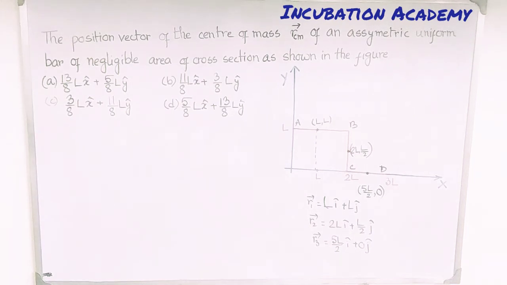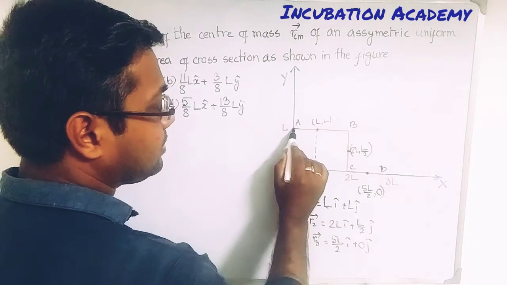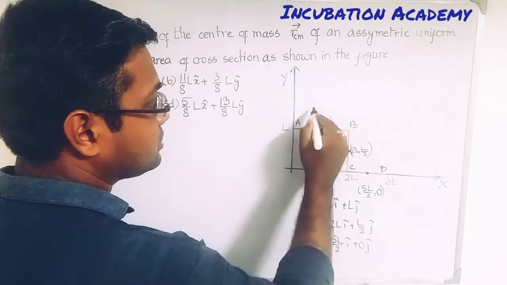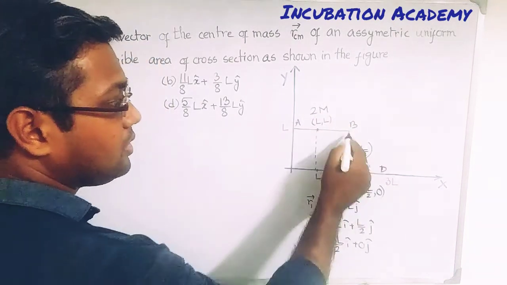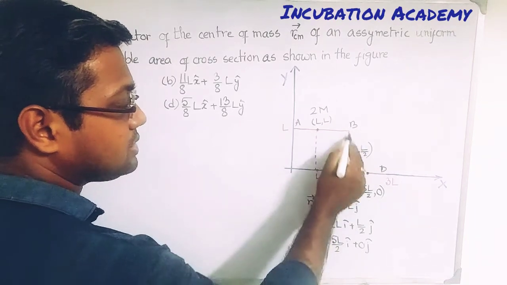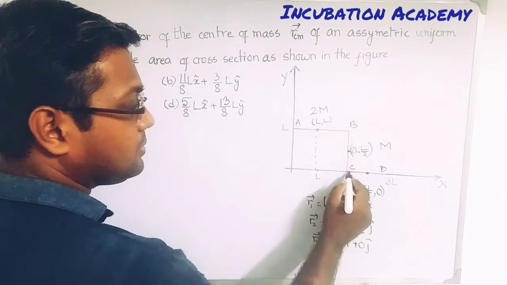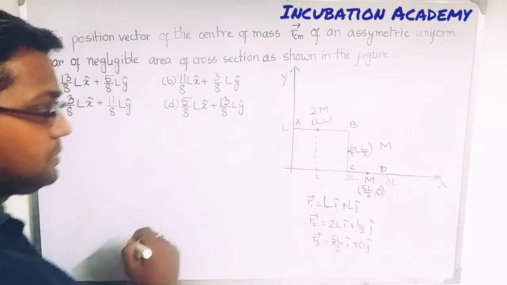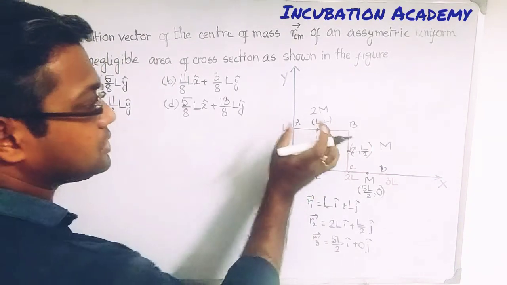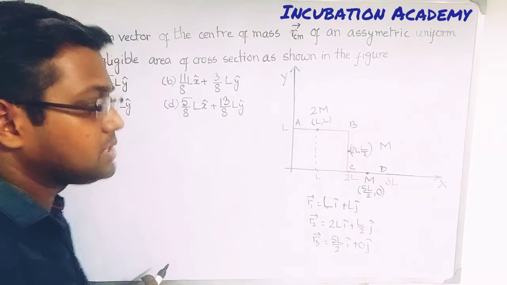So now just think, if I consider the mass distribution is uniform, from here to here the length is 2L. So we can say it comprises the mass 2m. Here to here the length is L, so it comprises the mass m, and from here to here the length is again L, so it comprises the mass m. Okay. So the mass of the AB portion is 2m, the mass of the BC portion is m, and the mass of the CD portion is m.